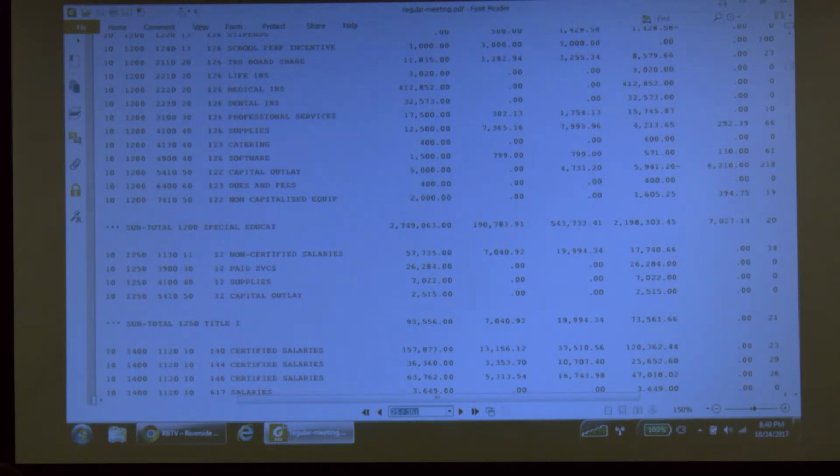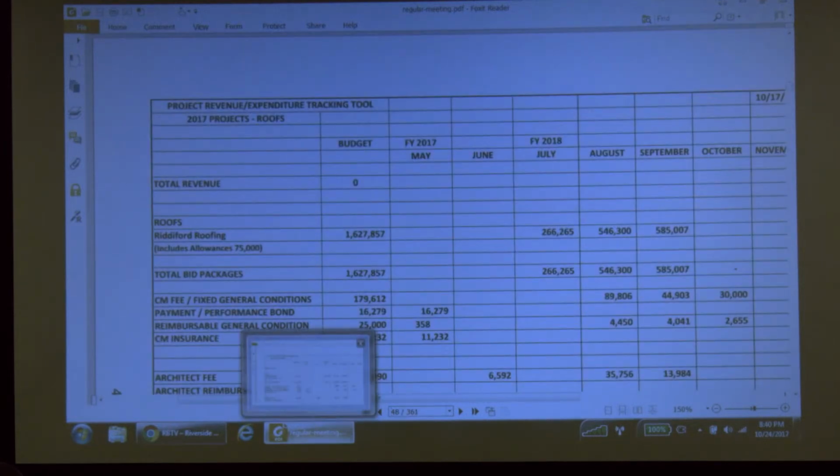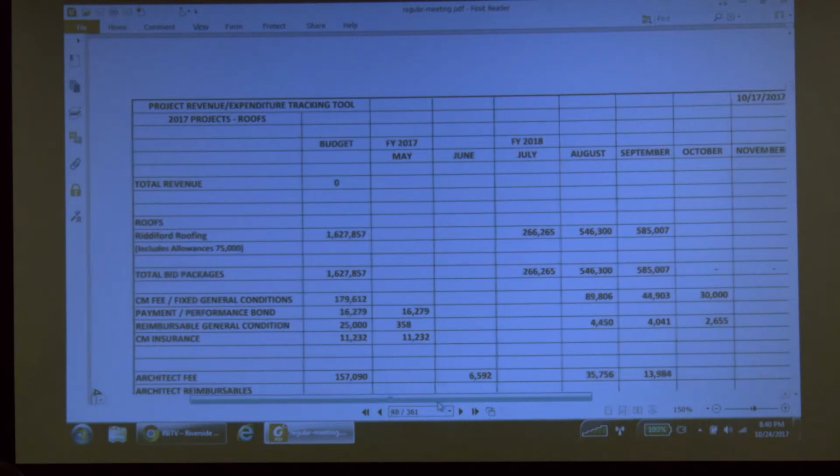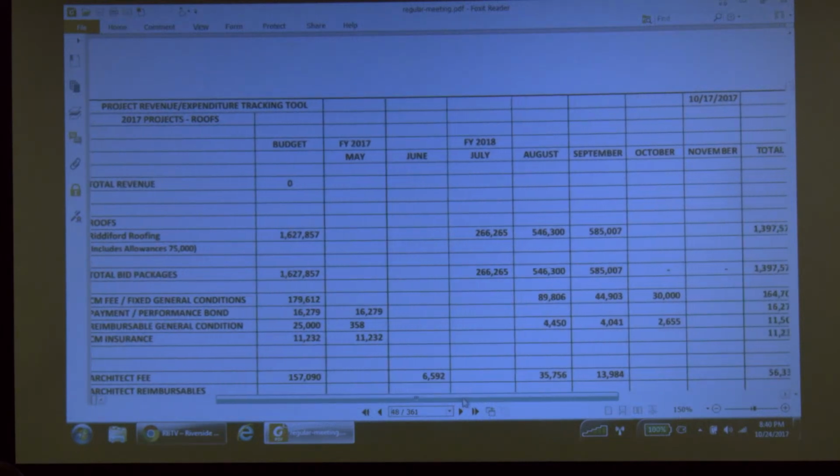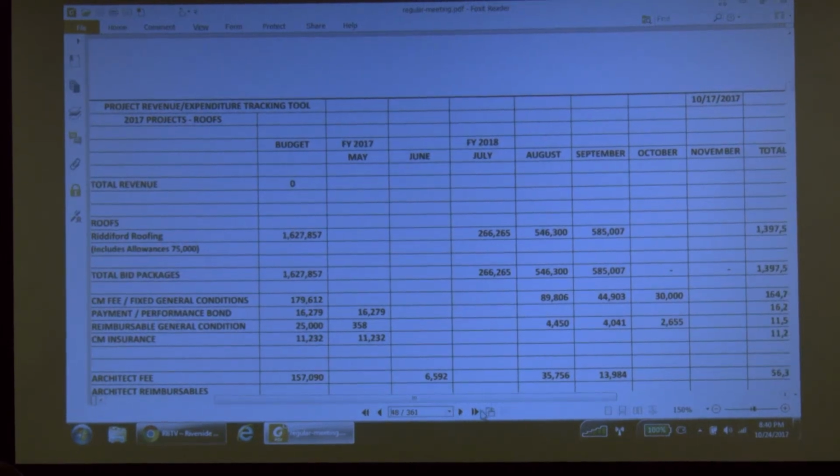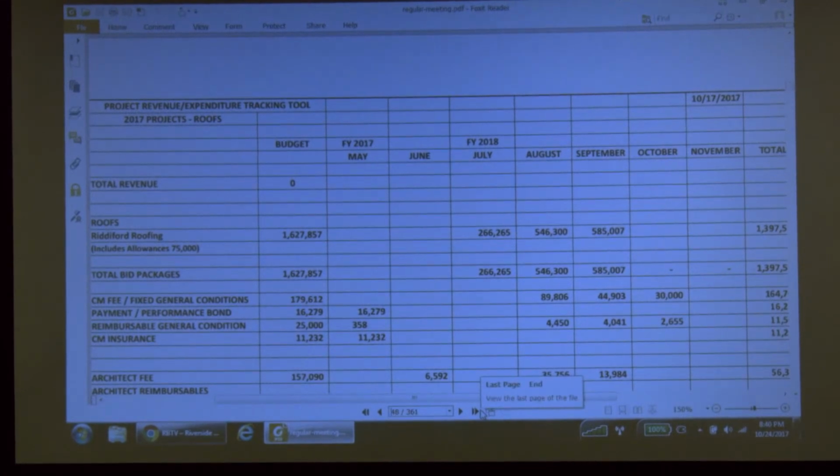Okay, there were no further questions. Thanks, Scott. Dr. Skinkis, go ahead. On the construction on the roofs, on page 48, you gave the summary budget for the roof projects. Now, is that current, and are we going to be under budget by that amount, or how much do you anticipate on the roofs?